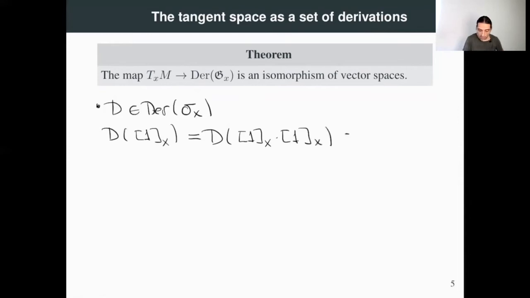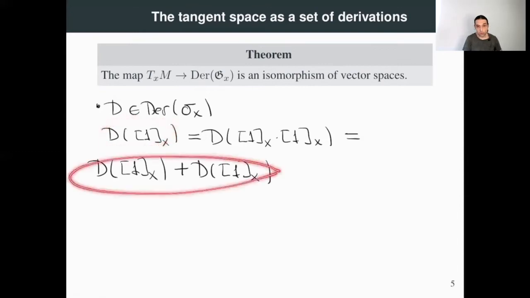Okay? And because of the Leibniz rule, this is the derivation applied to 1 times the value of 1 at the point x, which is 1, plus the value of 1 at the point x, again 1, times the derivation applied to the germ of 1 at x. And so we get that this derivation of 1 is equal to 2 times the same quantity. So this derivation of the function 1 is equal to 0. Okay?